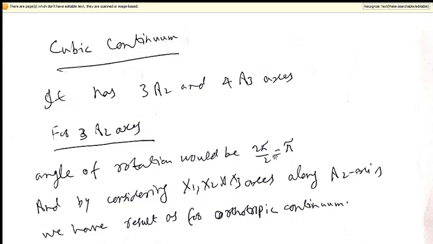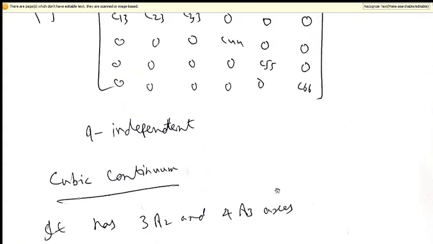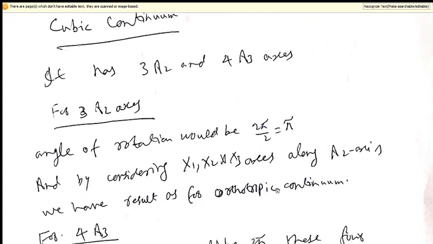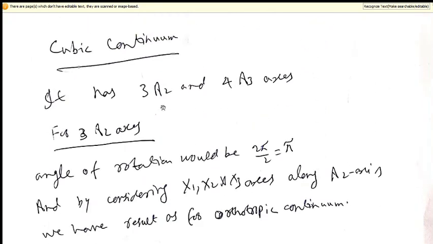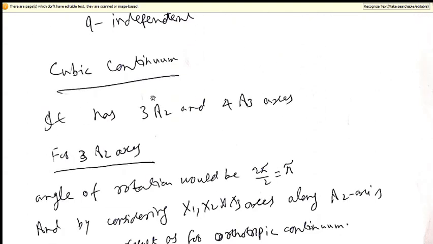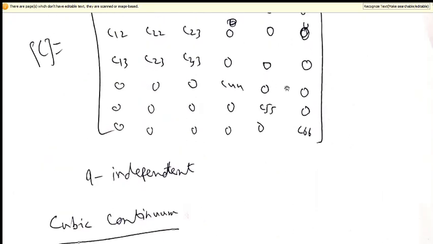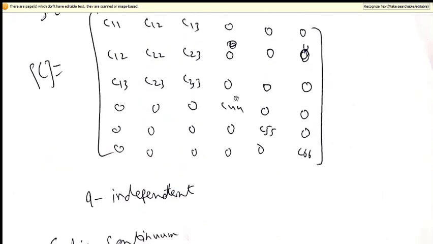In this case we know that the angle is pi, and by considering x1 along A2, x2 along A2, and x3 along A2, we have the same result as for orthotropic. So for doing cubic, we first do orthotropic, taking x1, x2, x3, and we have this C. Now we have to work for the 4 A3 also. Then these 4 A3 will be applied further on this C to reduce it further.